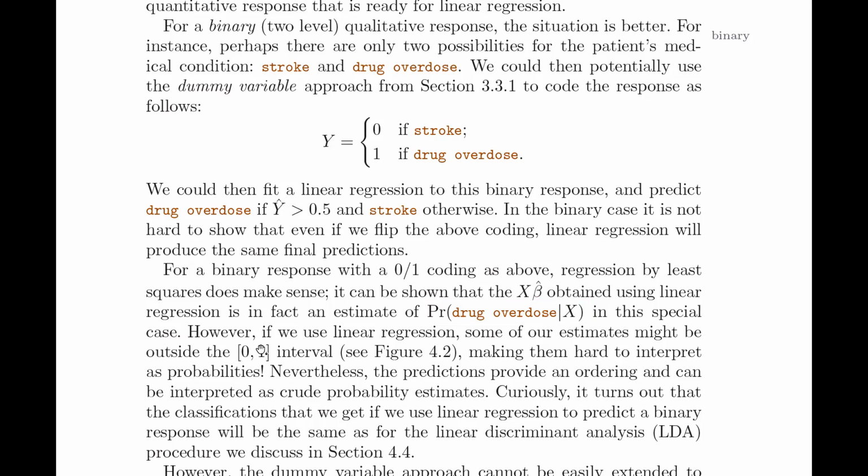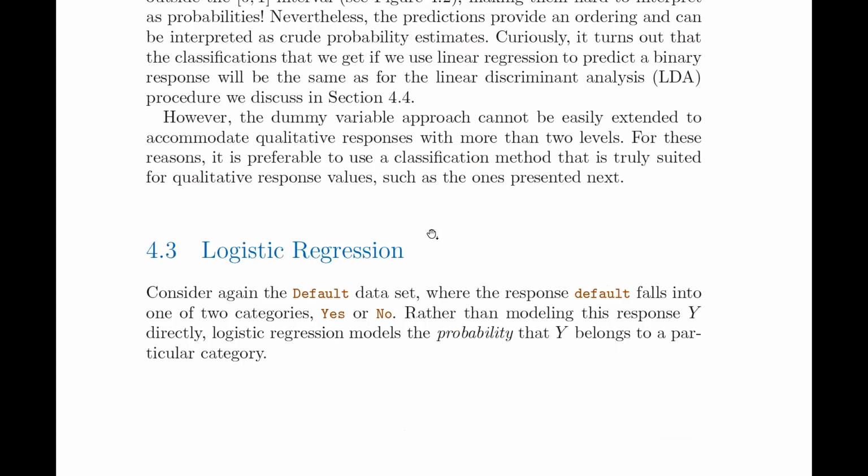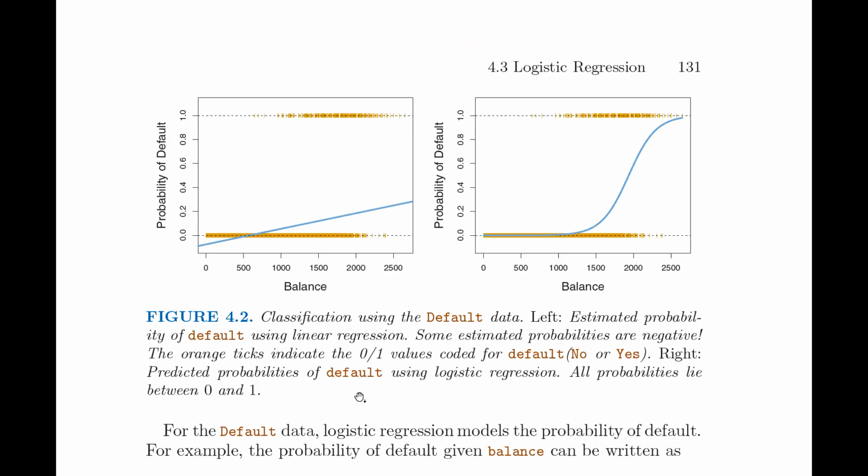In this special case, however, if we use linear regression, some of our estimates might be outside the 0-1 interval. Let's have a look. We are regressing, taking the default as either 0 or 1.